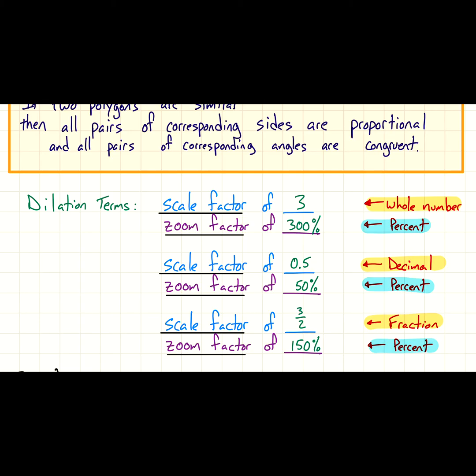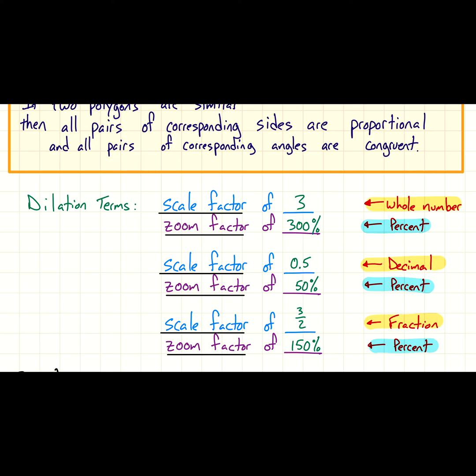So if something was dilated, sometimes we'll say, oh, it was 3 times bigger, or we made it 3 times bigger. Really what you're saying is it has a scale factor of 3. If we were going to put this in a computer or a copy machine, we would say we want it to be 300%. So that would be a zoom factor.